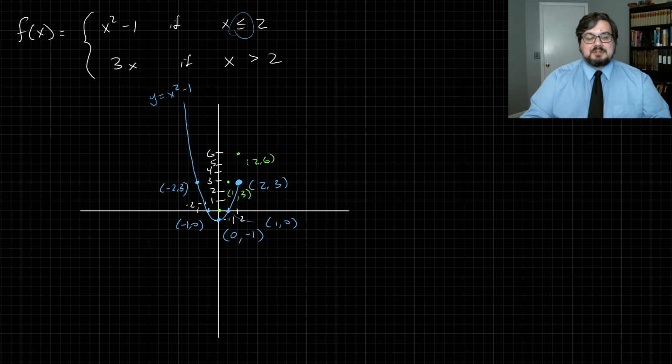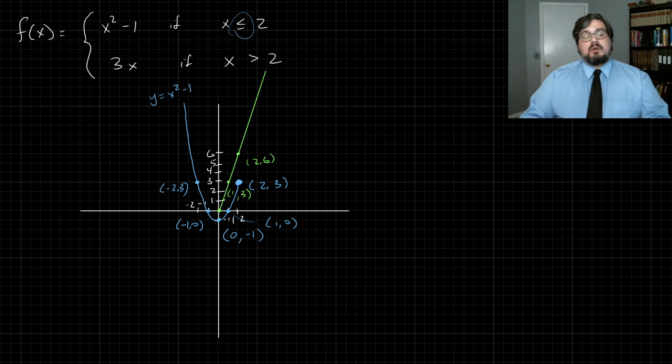I'm going all the way up to 2, 6 because I know that an x value of 2 is going to be important to me in a second. And so, graphing it out, we get a graph like this.